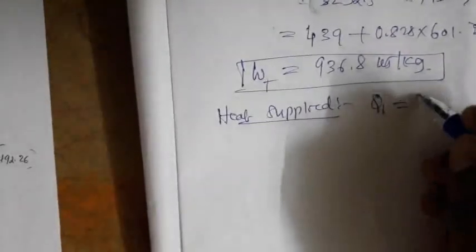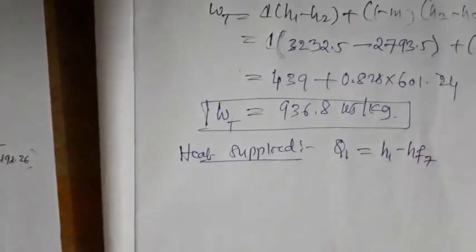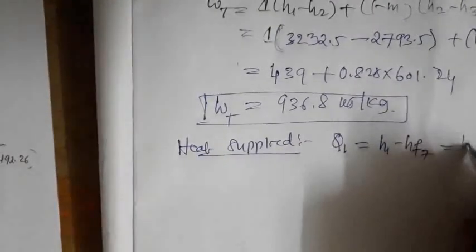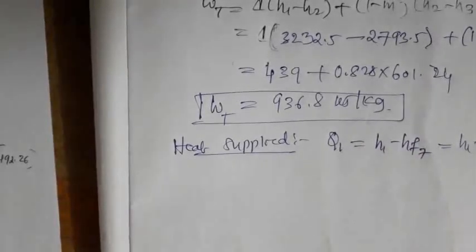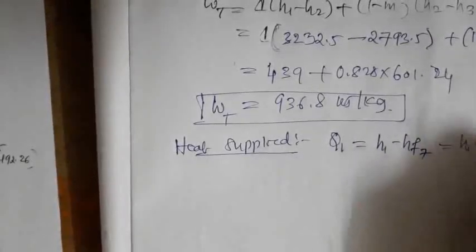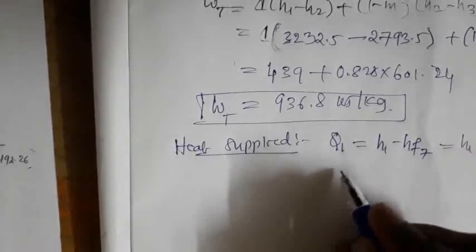Same formula I use for the heat supply here. So Q1 is equal to H1 minus HF7, which is also equal to H1 minus HF6, since pump work is negligible and we know the HF value at the 6th state. Let me substitute.